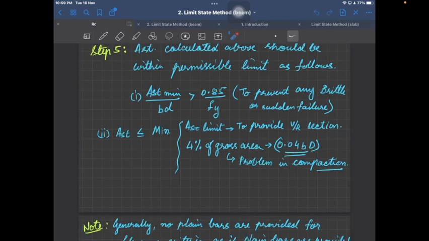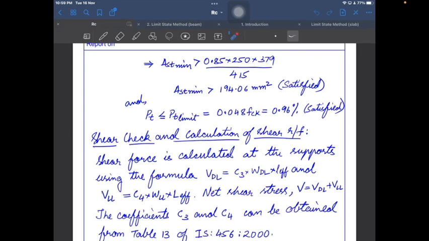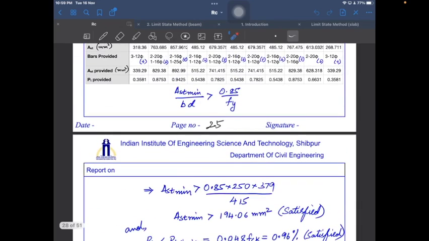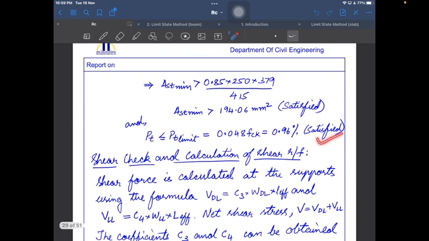So our area should be less than 4 percent of gross area, which is of BD. You can make a note of this too. Based on all those criteria, once everything is satisfied, we can proceed to the next step.